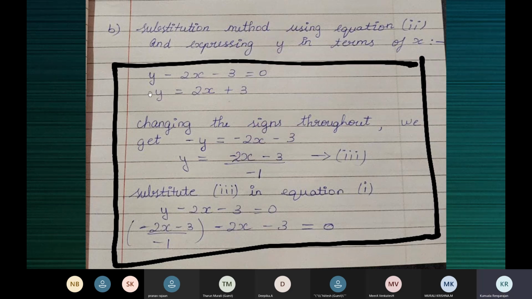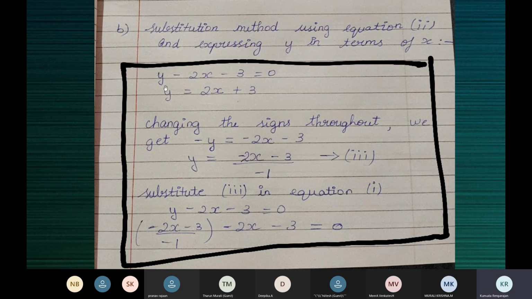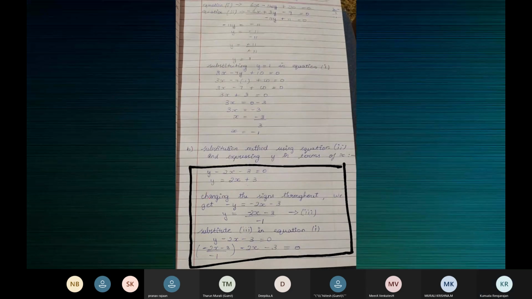Supposing this was minus y is equal to minus 2x minus 3, then to get rid of this minus sign, you don't want minus y, you want y. So when it's negative, we change the signs throughout. That is, we write minus y as plus y, minus 2x as plus 2x, and minus 3 as plus 3. Why? To have y positive.